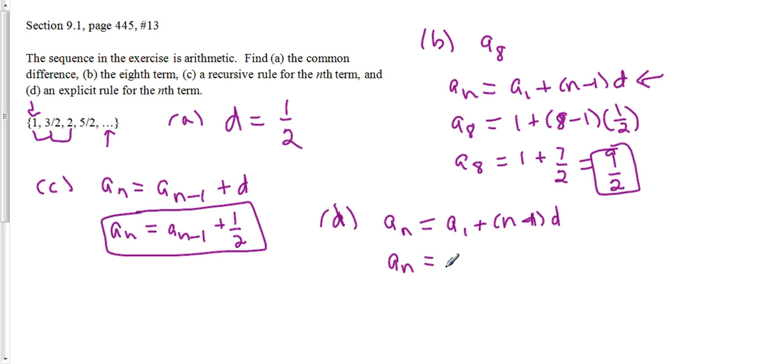So an is going to be a1, again, the first term in our sequence, plus n minus 1, I'm going to leave that alone, and d is going to be 1 half.